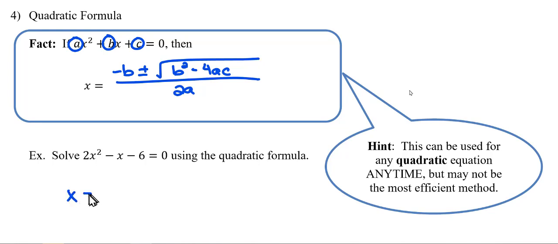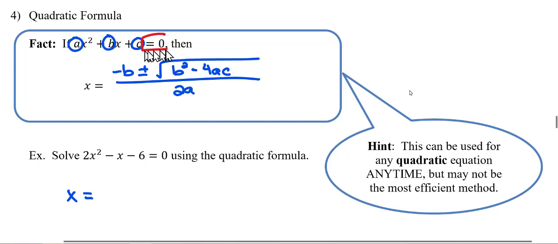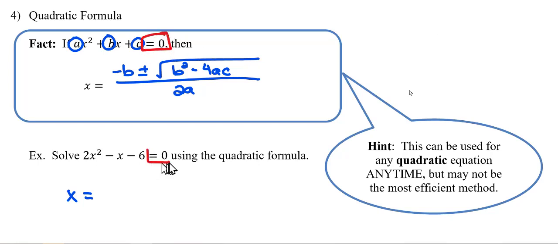The variable is x. I want you to be writing x equals, well, we need to know what a, b, and c are. In this case, it is really important that the equation is equal to 0, and we are, so we are ready to go. a is 2, that's the coefficient on x squared.